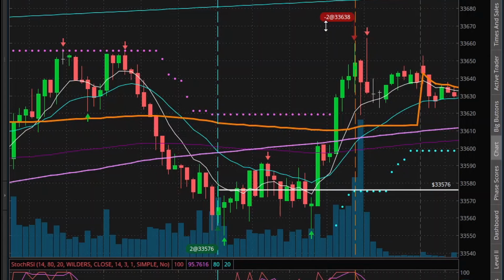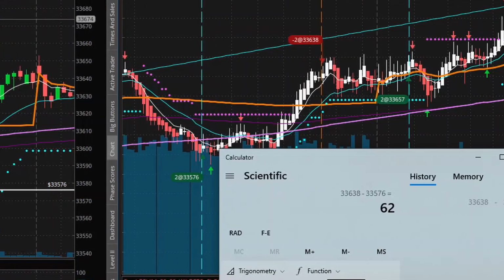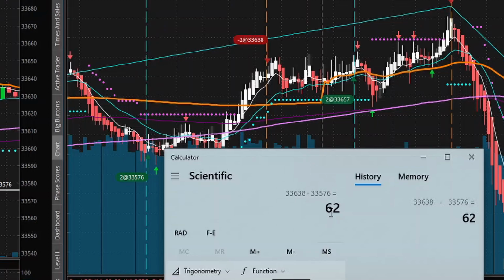We closed the contract at 33,638 and we entered at 33,576. So that was a 62 tick move. And since we have two contracts and one contract of E-mini is equal to $5, that was a $10 move. So times 10, that was our best trade of the week, which was $620.